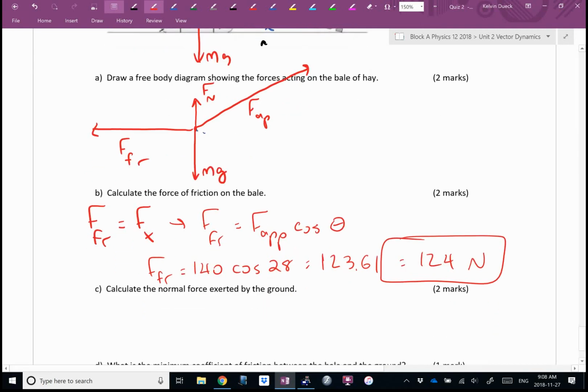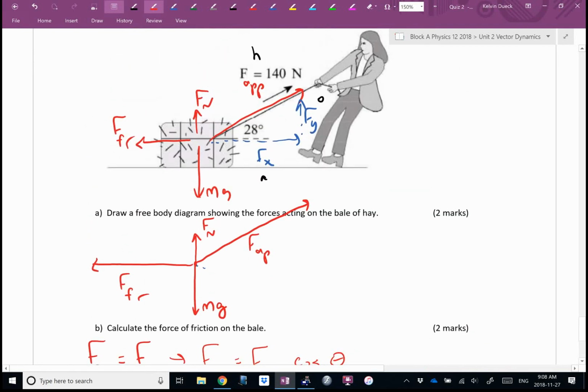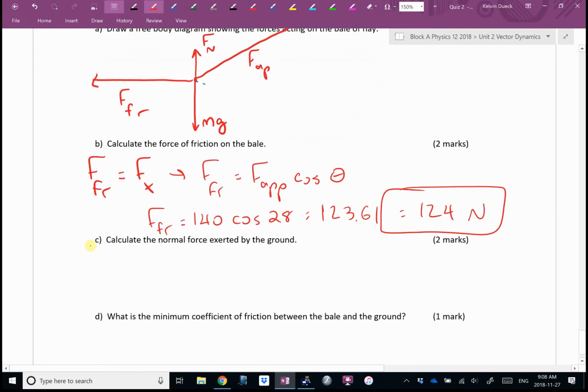Okay. Calculate the normal force. I don't know the normal force. Oh, but look. Everything down equals everything up. So I would say the normal force plus Fy equals mg. That means the normal force is going to be mg minus Fy. The normal force is going to be m.